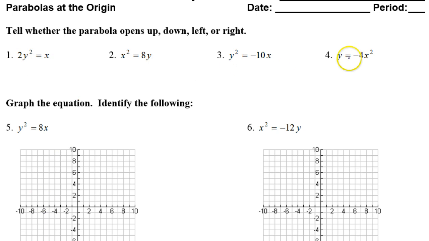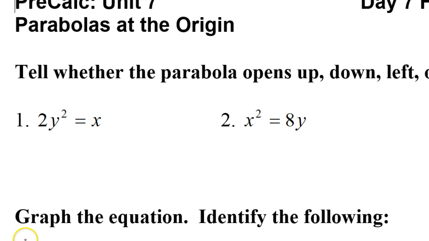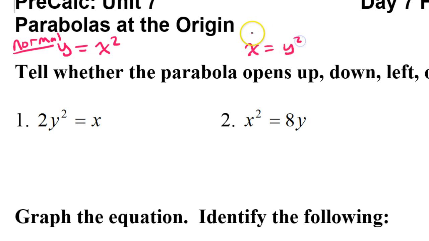So for these first few problems, we just need to say whether the parabola opens up, down, left, or right. Again, remember that an equation like y equals x squared was sort of normal. And if you see one that's more like x equals y squared, that would be very strange.